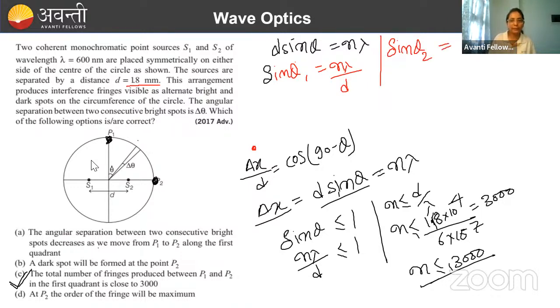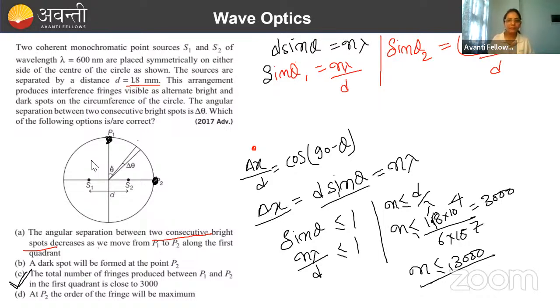That can be written as sine theta 2 equals n plus 1 lambda by d. This is the angular separation between two consecutive bright spots, so we have to calculate theta 1 minus theta 2.